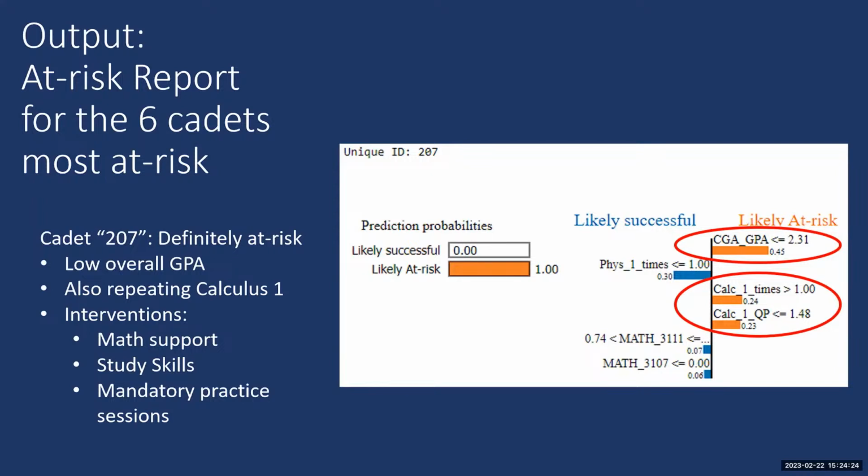We have a program called Forecast, a fourth class academic support program, where if they fail a couple of exams and their exam average gets too low, we can mandate that they go to these sessions. But we often don't see that; once they've failed two exams already, the horse has already kind of left the barn. And so we want to get some of these cadets in there earlier.